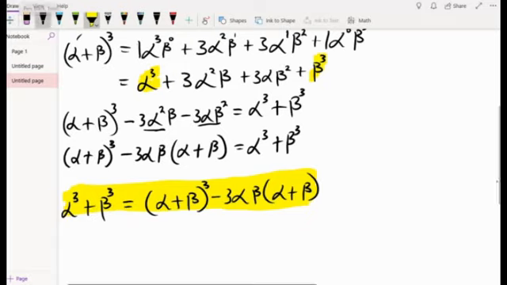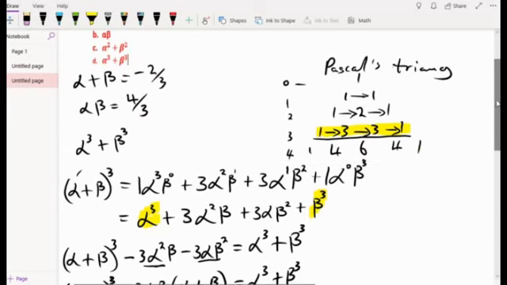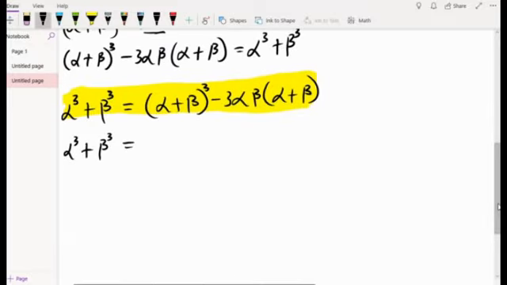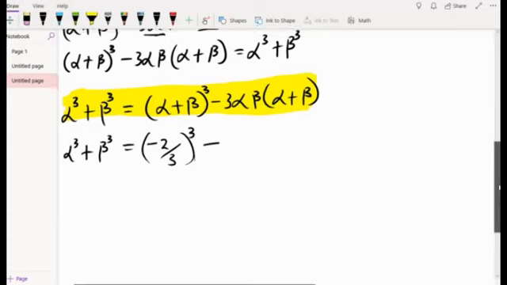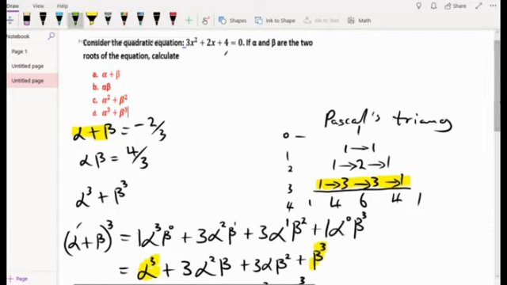So what you just need to do now is put your values. So we have alpha plus beta cube is going to be equal to, already we know that our alpha plus beta is minus 2 over 3. So we put it in the formula, which is minus 2 over 3 raised to the power of 3, minus our alpha beta, which is 4/3.